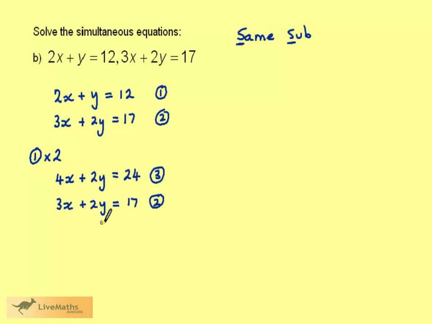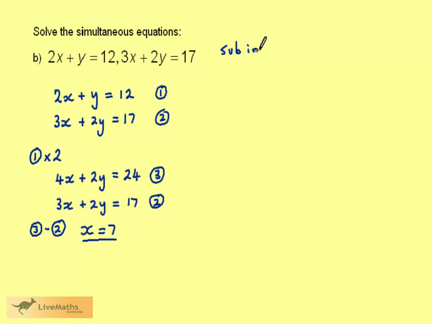If we do equation 3 take away equation 2, 4x take away 3x is just 1x. The y's, of course, will disappear, and 24 take 17 is 7. When we substitute back in, always choose to go back to one of the original equations, either 1 or 2.